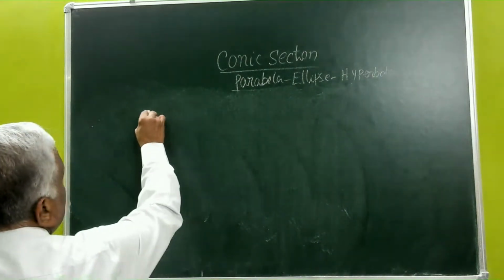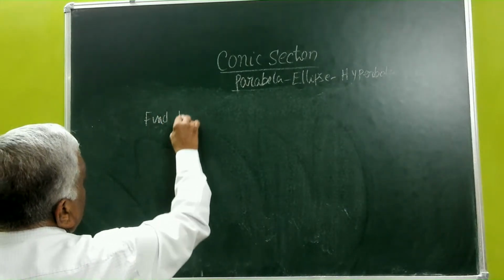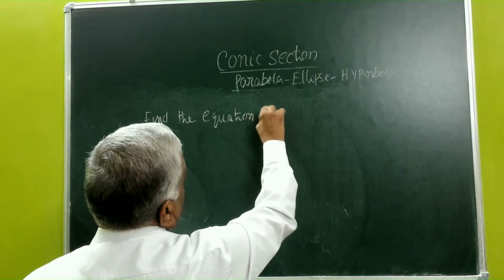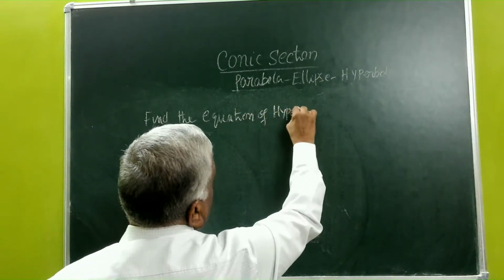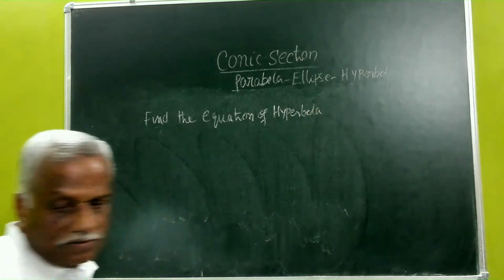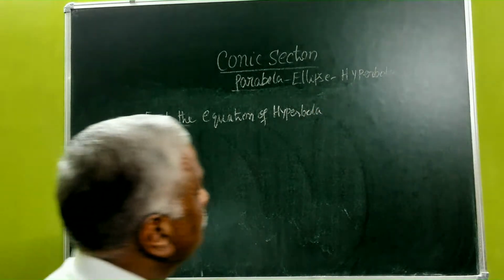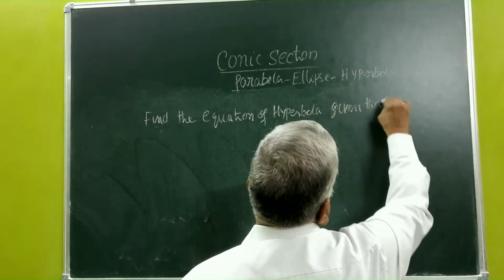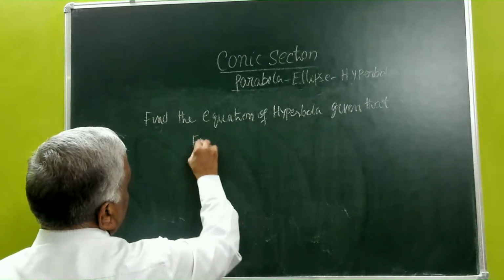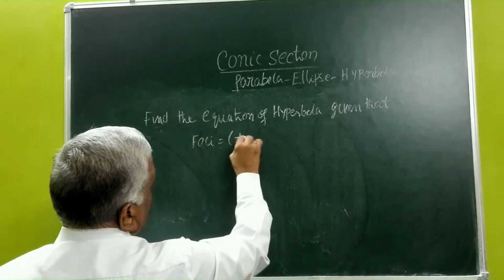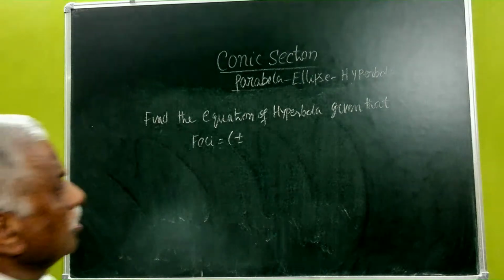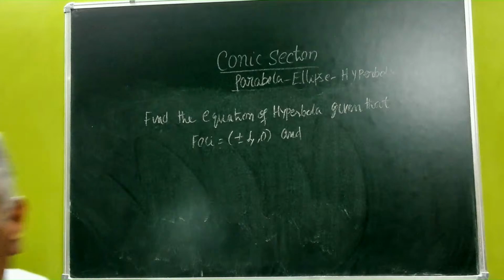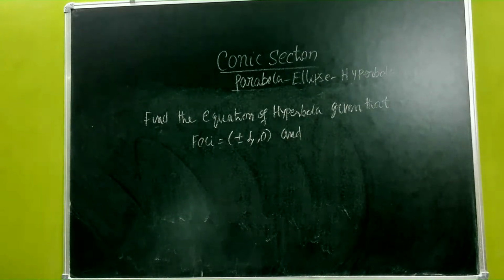Find the equation of hyperbola given that foci is plus or minus 4, 0 and E is equal to 2.